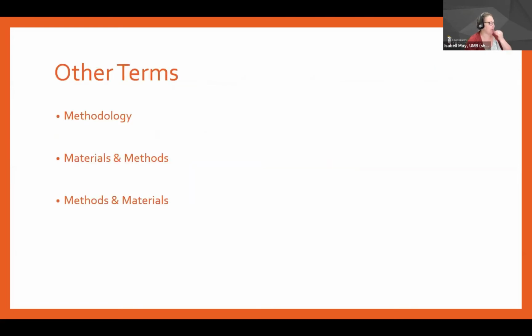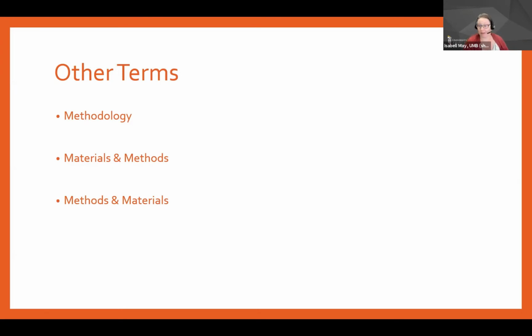So let's talk about methods, other terms that folks use, and also different journals might use, especially journals that intersect with social science research, which some of you are intersecting with, especially if you're doing survey-based research and some more public health oriented research. You might look at journals that are interdisciplinary with social sciences. Some of the journals call it methodology.